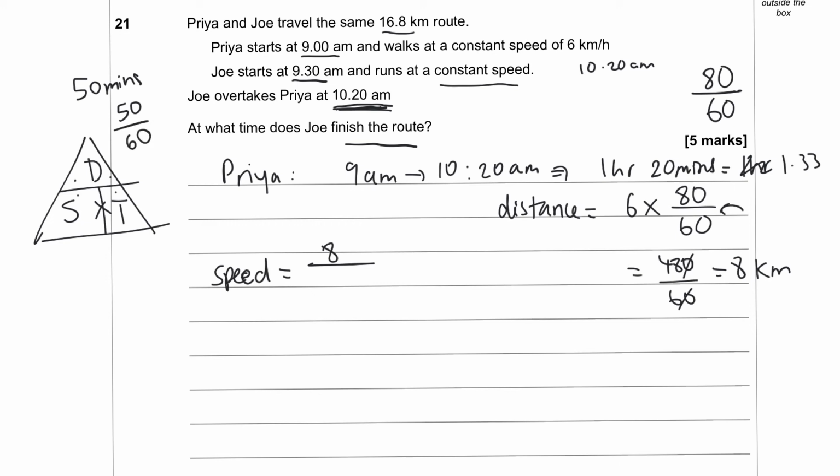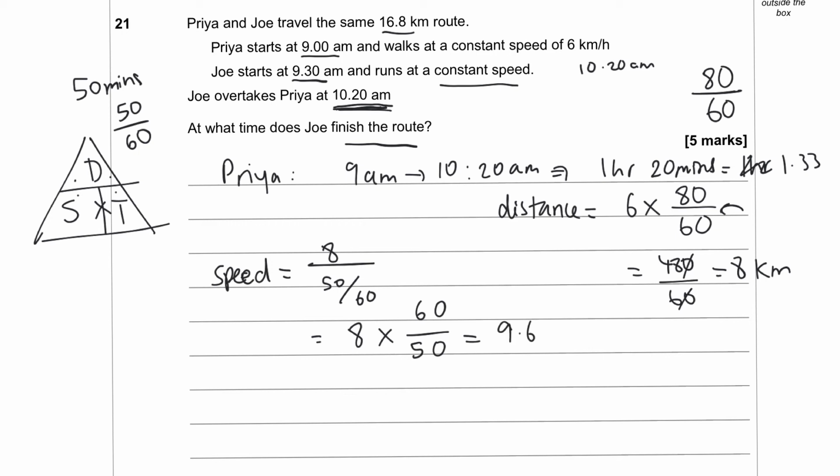That's why we did over 60 here as well. So 8 divided by 50 over 60. Remember, if you divide by a fraction, you can flip it and multiply. So 8 times 60 over 50, which is 480 divided by 50, giving 9.6.